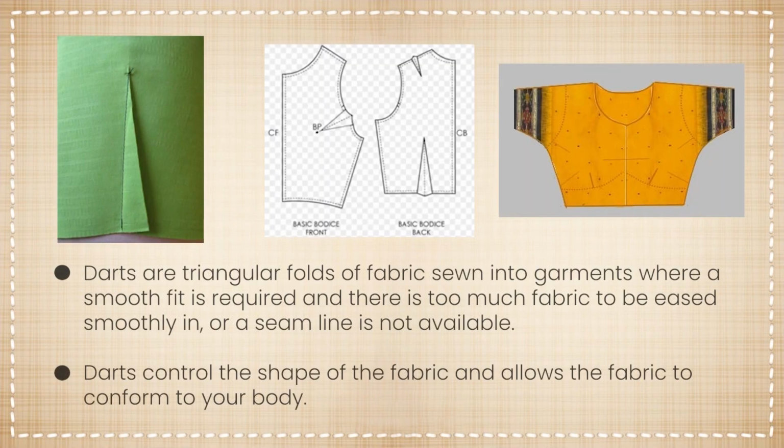Now, what are darts? Darts are triangular folds of fabric which are sewn into the garments where a smooth fit is required and there is too much fabric to be eased smoothly in, or a seam line is not available. So darts control the shape of the fabric and allow the fabric to conform to your body.